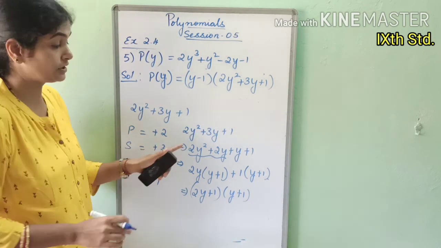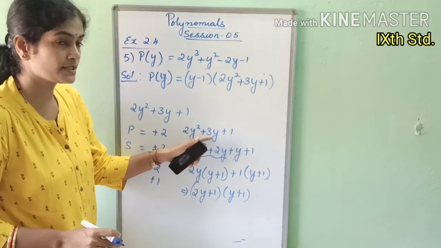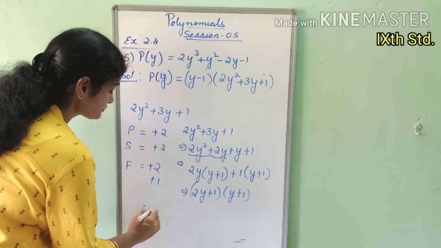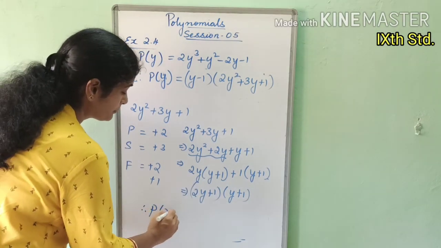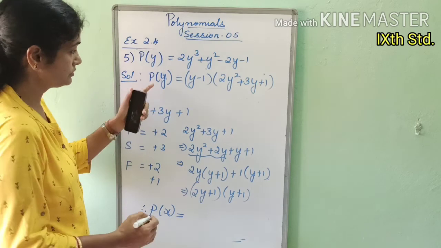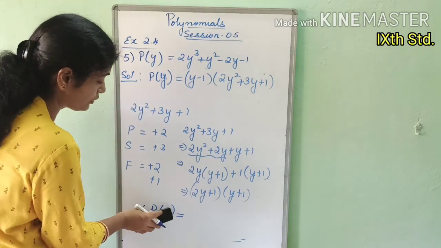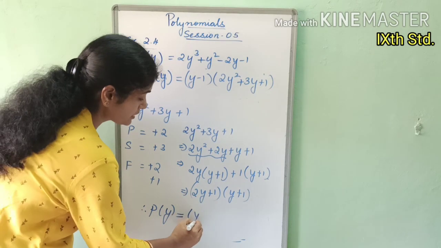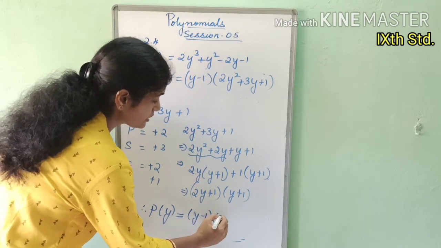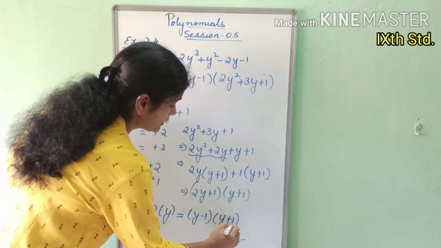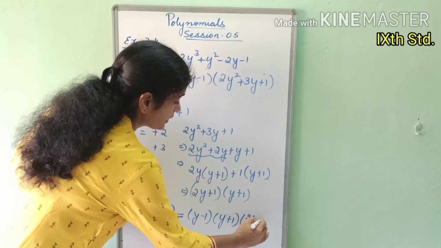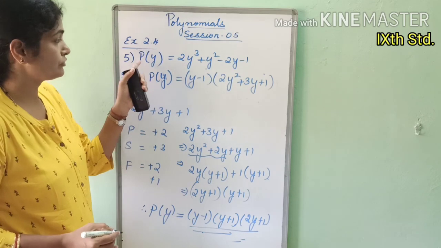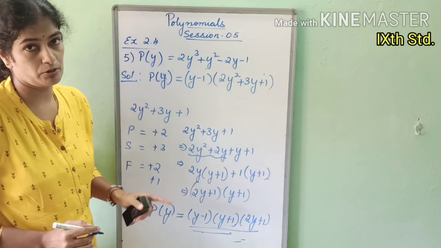So these two are the factors of this 2y square plus 3y plus 1. Correct? Therefore, p of y is equal to first factor y minus 1, then these two, y plus 1 into 2y plus 1. These are the factors of this p of y, which is a cubic polynomial.